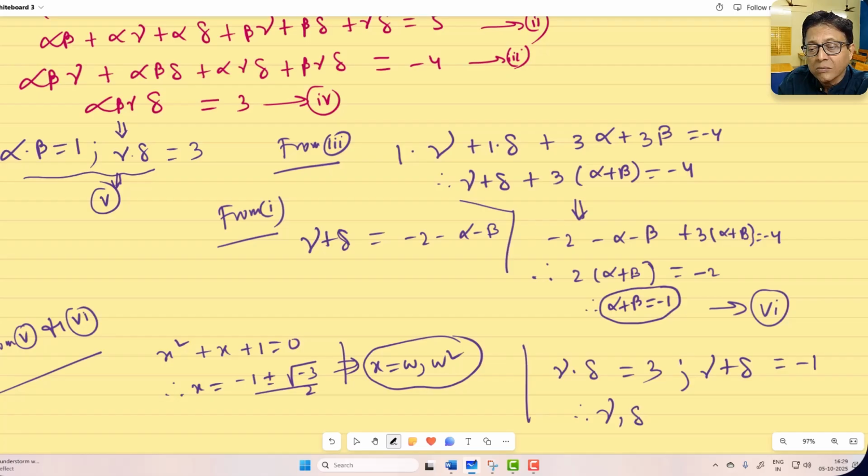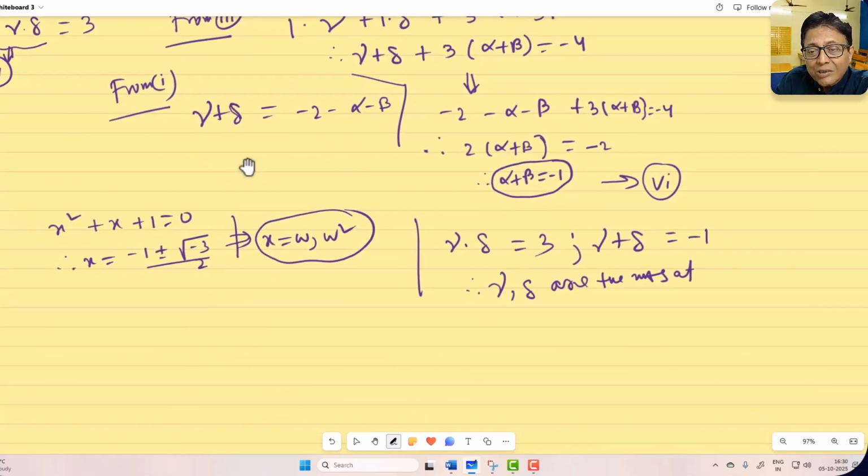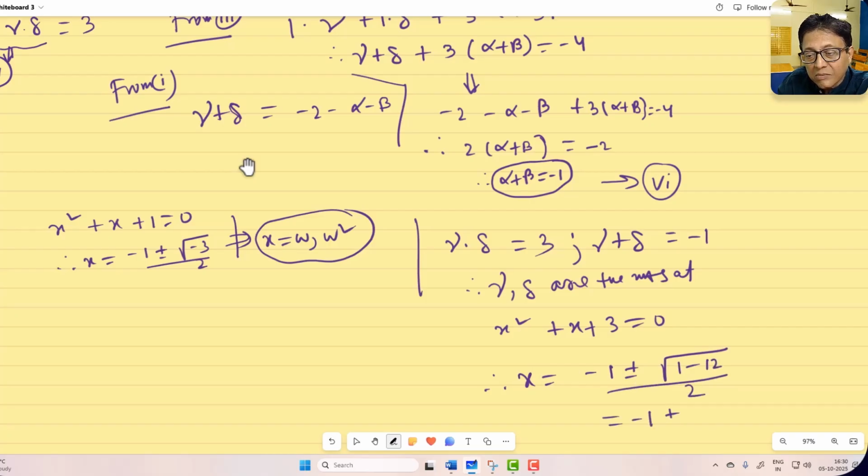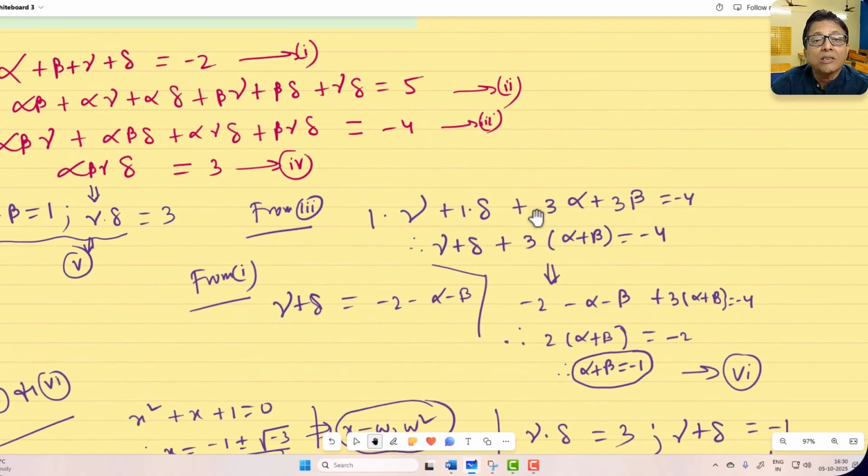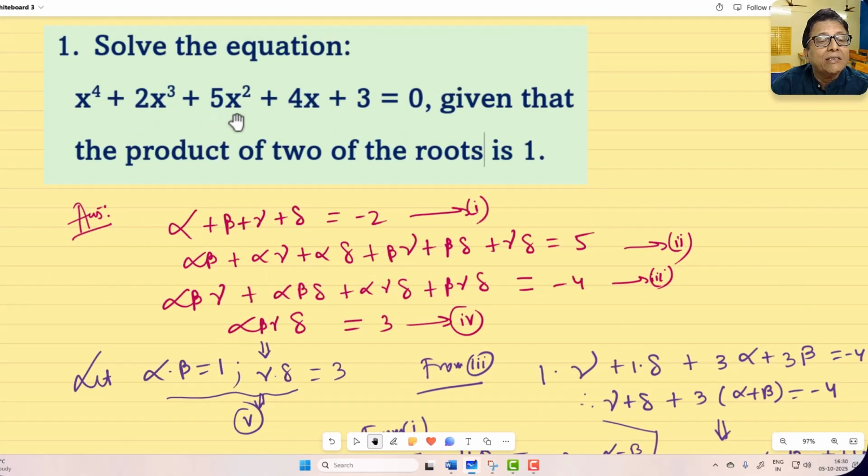Therefore gamma, delta are the roots of the quadratic equation x square plus x plus 3 equal to 0. So these are the 4 roots of the given biquadratic equation x to the 4 plus 2x cube plus 5x square plus 4x plus 3 equal to 0.